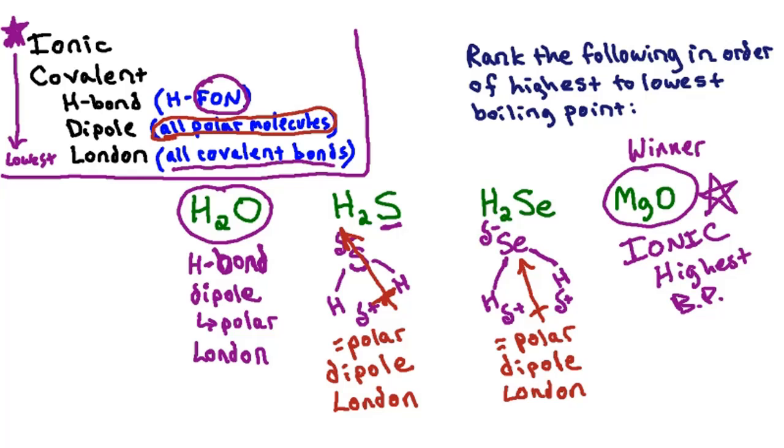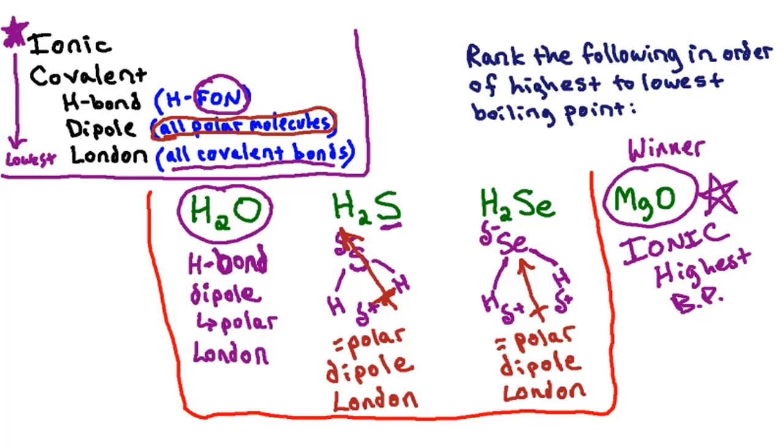Okay, so now that we've got the highest boiling point, magnesium oxide, we're dealing with the other three, which are all covalent molecules. If you look up on your chart, covalent molecules include the hydrogen bond, the dipole forces, and the London dispersion forces. Now we have a hydrogen bond with water here, H2O.